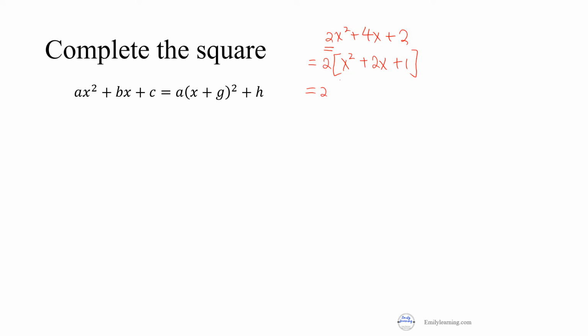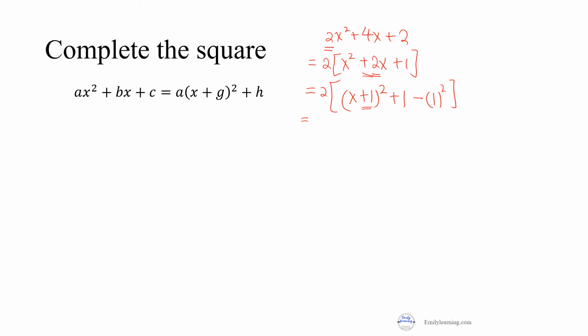Next, I will divide this by 2. Divide 2 by 2, I'll get 1. Then follow the sign here. If here is plus, here will also be plus. Then I will minus the square of this number here, minus 1 square.